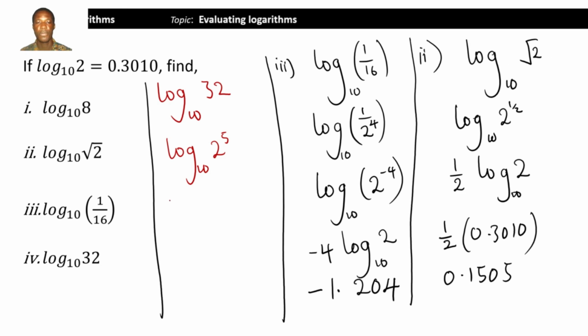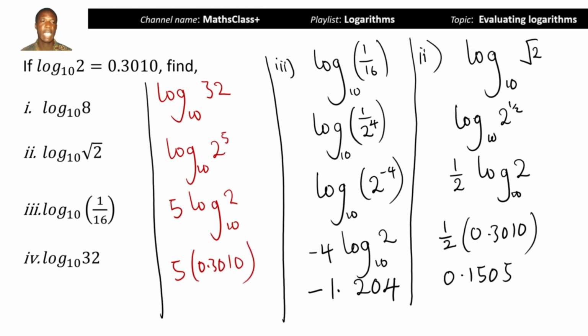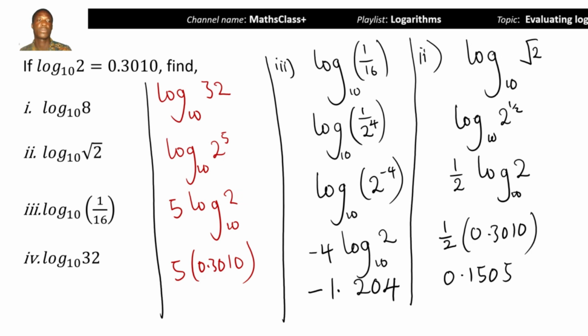So 5 log 2 to the base 10, and that is 5 multiplying 0.3010, which gives us 1.505.